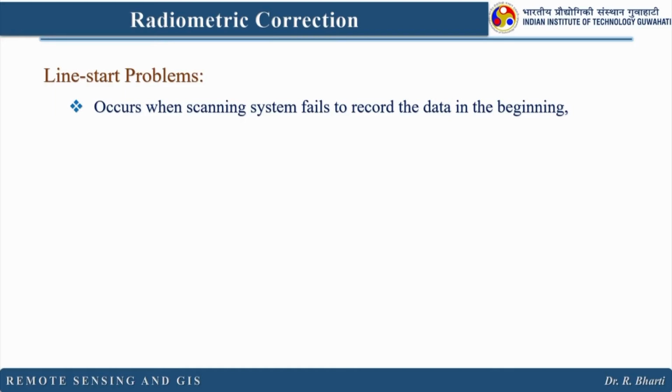It occurs when the scanning system fails to record the data in the beginning, but afterwards it works fine, right. So there will be some missing pixels in the beginning at the boundaries, and then subsequently you will find all the values are present, right.